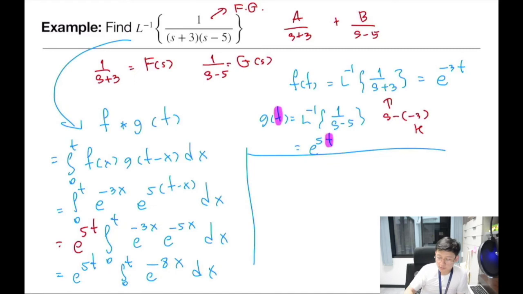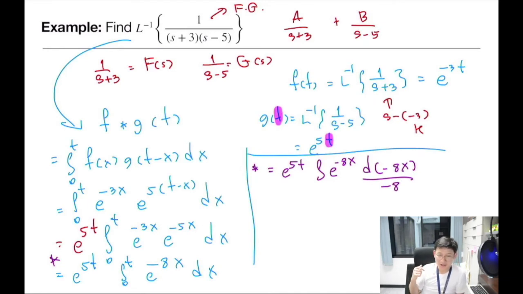Okay, in that case we would have e to the 5t and integrate e to the minus 8x, which would be the integral of e to the minus 8x d(minus 8x) divided by minus 8, right? Integrate by substitution. Hope you guys can still do calculus 1.